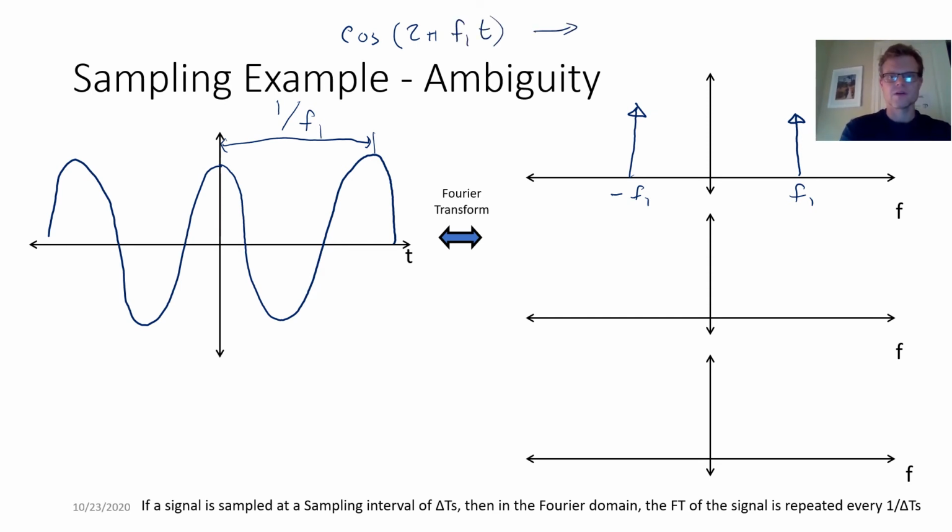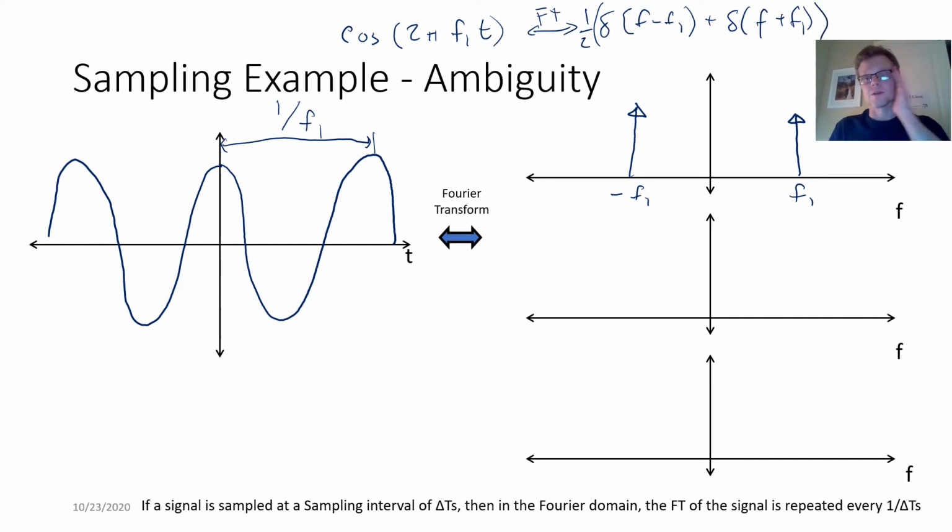If we take the Fourier transform of that, we get 1 over 2, delta f minus f1 plus delta f plus f1. And that corresponds to these 2 delta functions, shown like so.